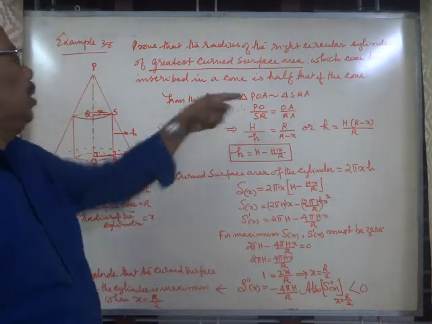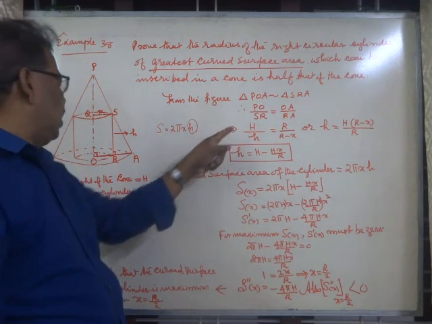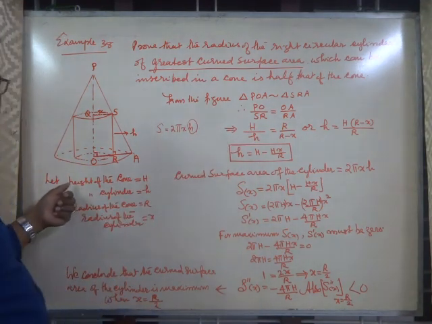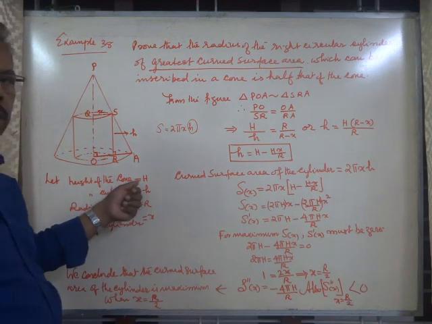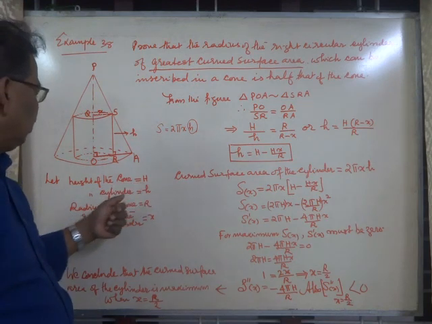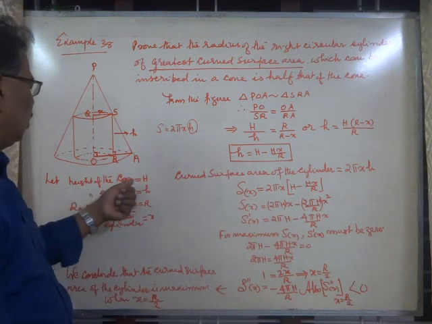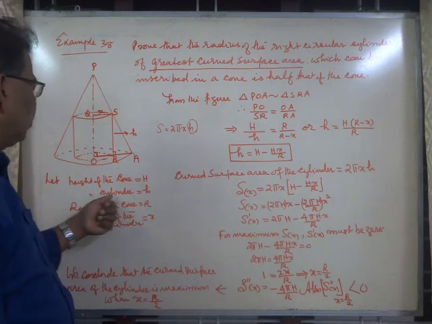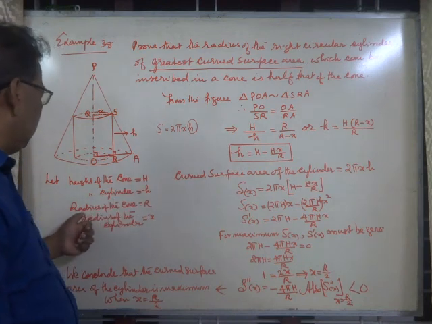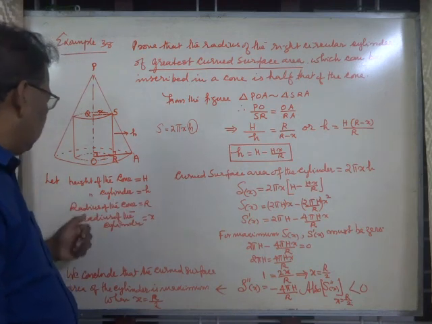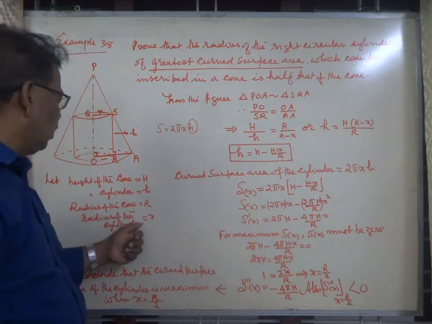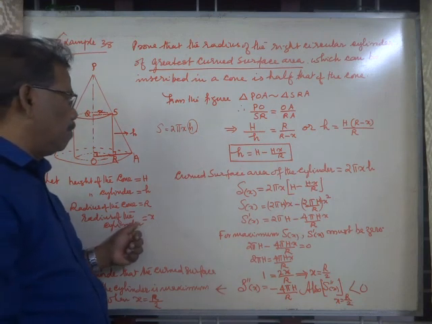Now, PO is equal to capital H. See, height of the cone is given to be capital H. We have assumed so. Height of the cone, capital H. Height of the cylinder, small h. Radius of the cone, capital R. And radius of the cylinder, x.